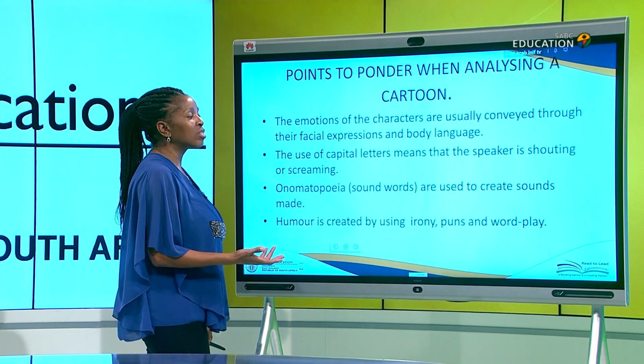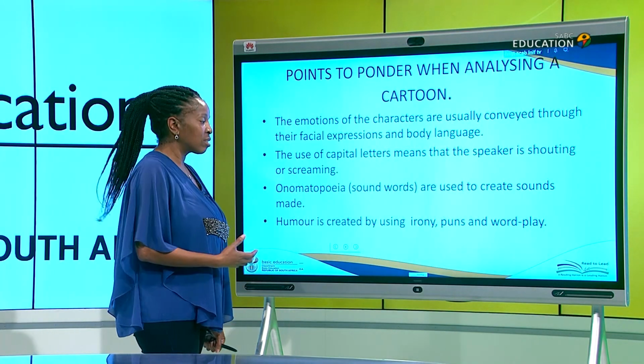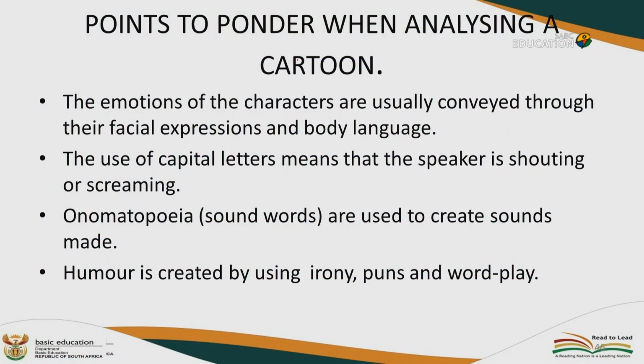Onomatopoeia, which are sound words, are used to create sound. Did you see when Calvin was nailing the table? There was that onomatopoeia sound, whop, whop, whop. Humor is created using irony, a pun, and wordplay, because puns are wordplays.